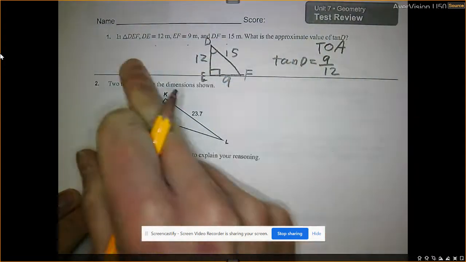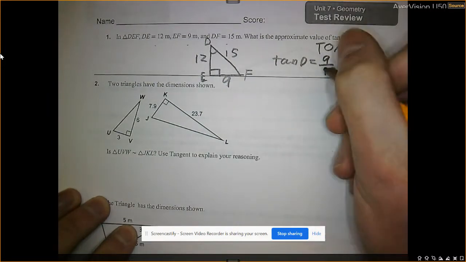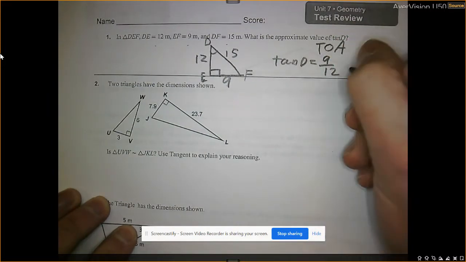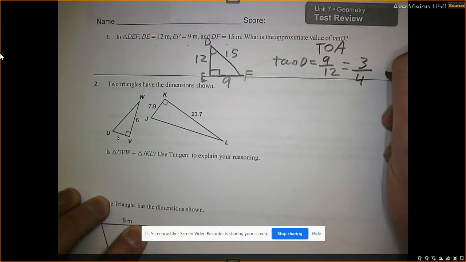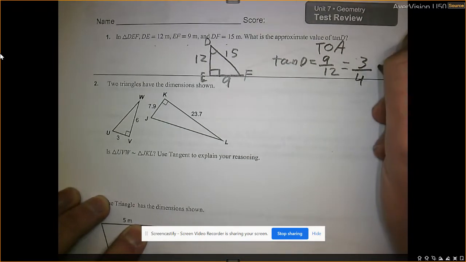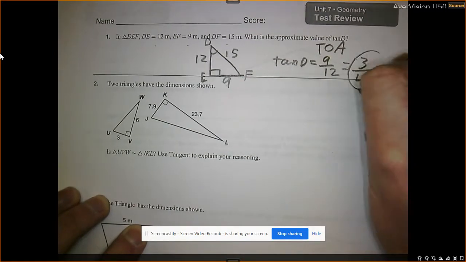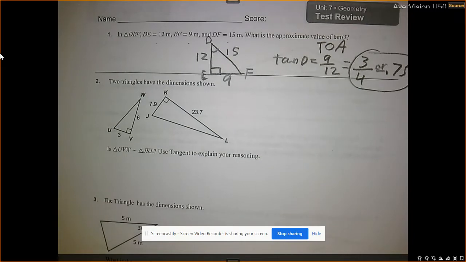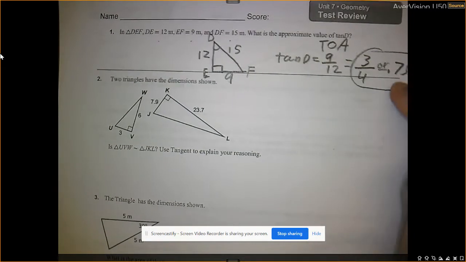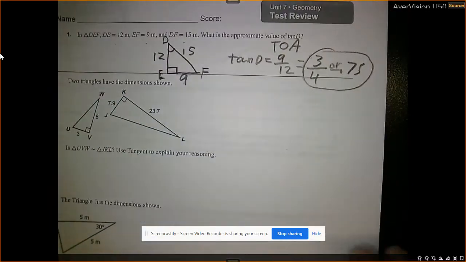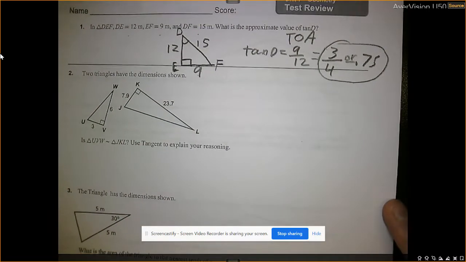It says DE is 12, so that's how I knew how to label this. Tangent of D equals 9 over 12. Approximate value of 9 over 12, well, that's 3/4, or 0.75. That's your answer there. That reduces to 3/4, or you can just do 9 divided by 12 in your calculator. It's 0.75.